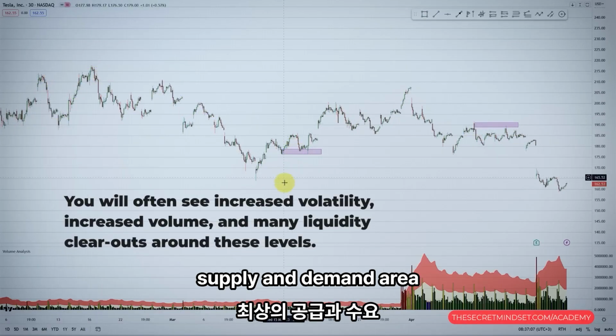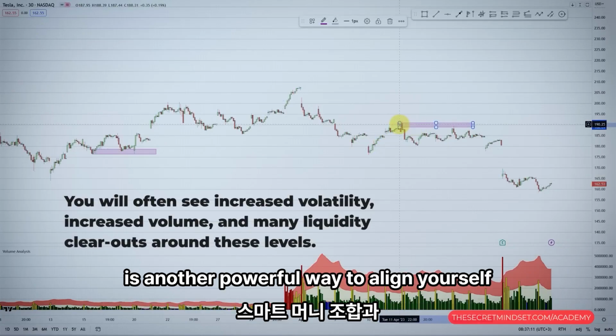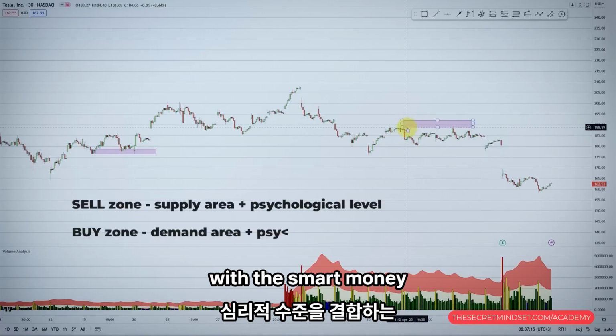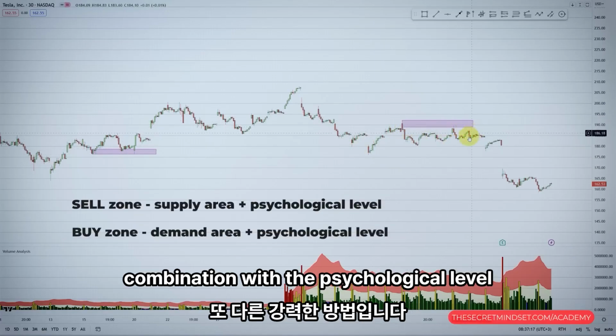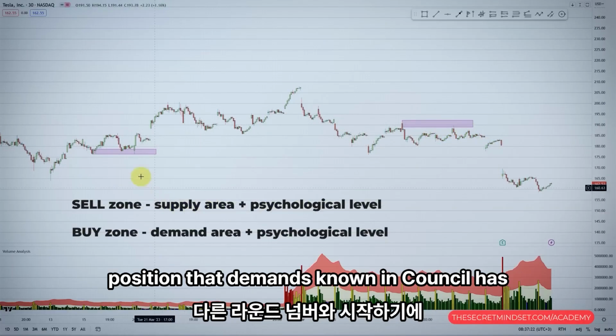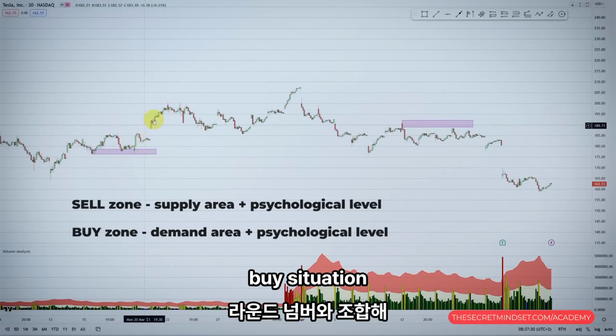Supply and demand areas, in combination with round numbers, is another powerful way to align yourself with the smart money. A supply zone, in combination with a psychological level, is a good area to initiate a sell position. A demand zone, in confluence with another round number, offers a low-risk, high-reward buy situation.